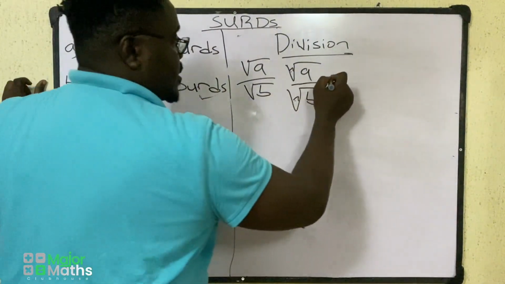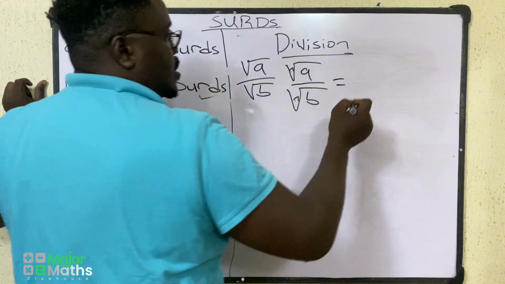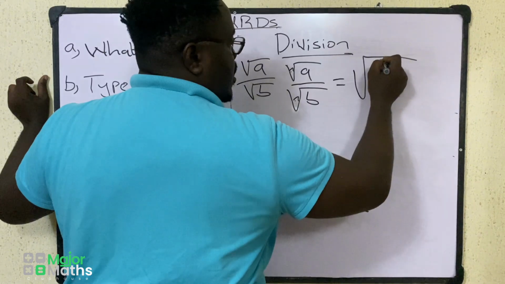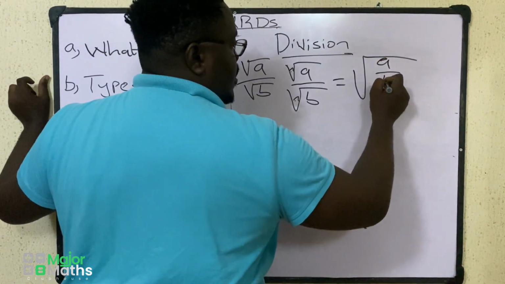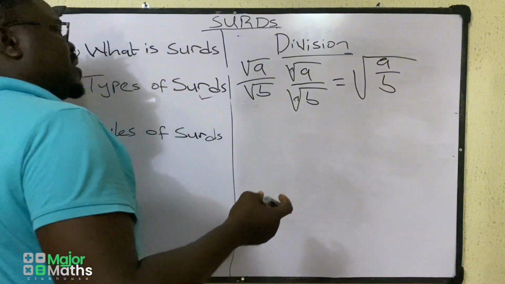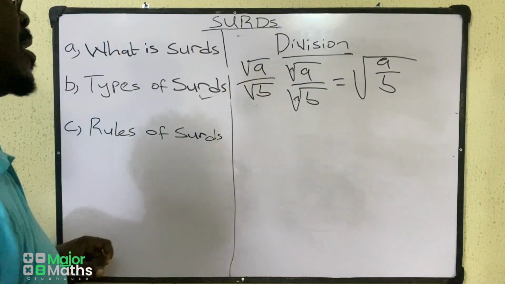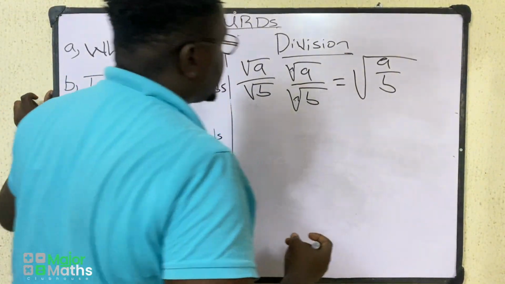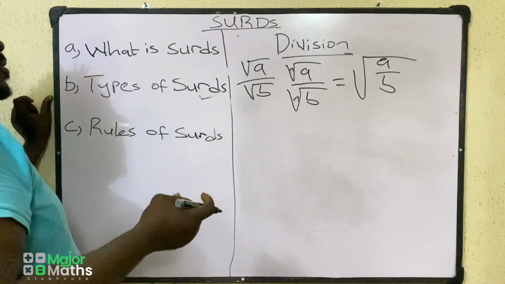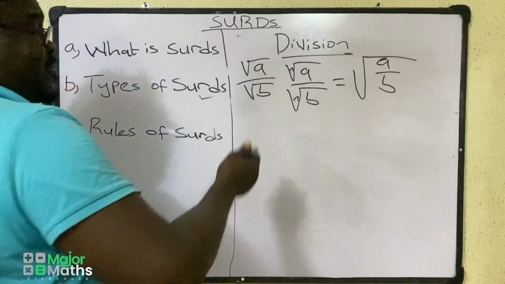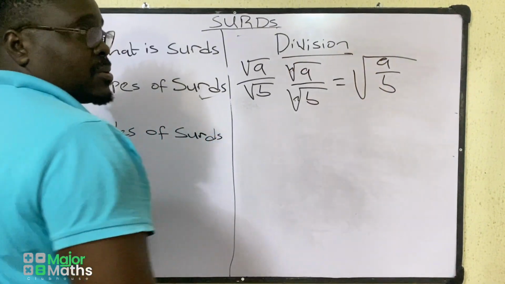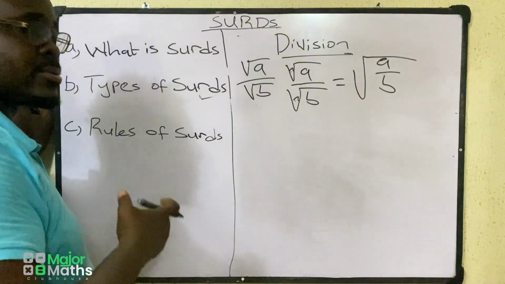You could also say that equals root a over b. Please always remember it doesn't have to be just square root. It can be any root, any figure. As long as there's seven roots here and seven roots here, these rules can go as well as the other rules.